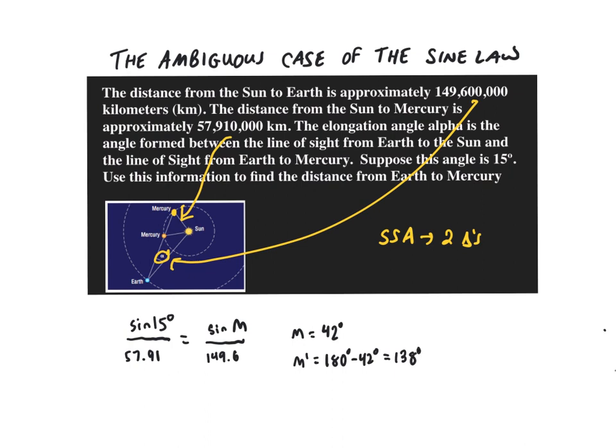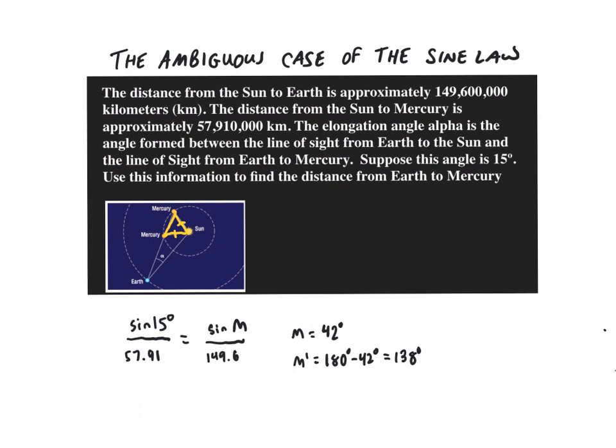If it's unclear why the two angles have to be supplements, I find it helpful to look back at the diagram. When you look at the diagram, you can see that the triangle formed between the two possible positions of Mercury and the Sun is an isosceles triangle. And this is why it was important that we assumed circular orbits around the Sun.